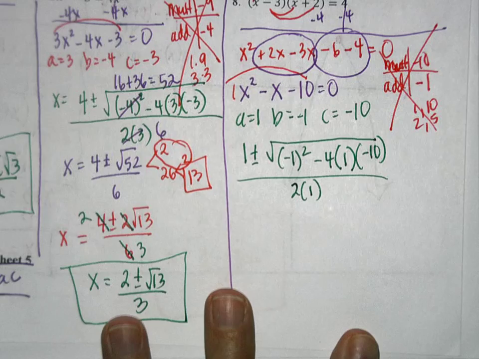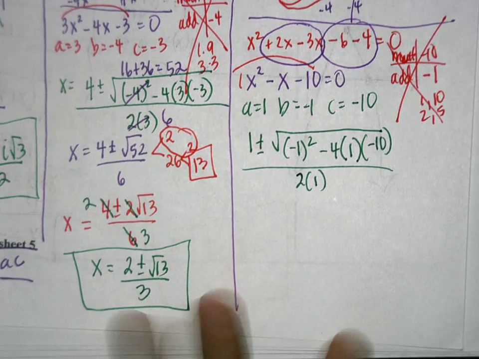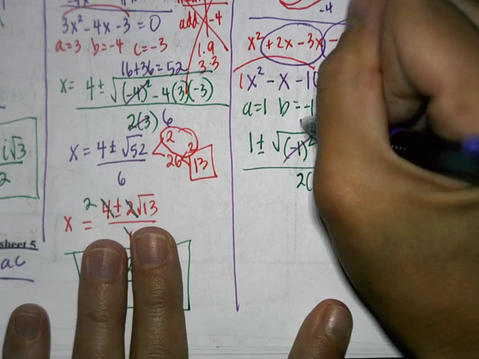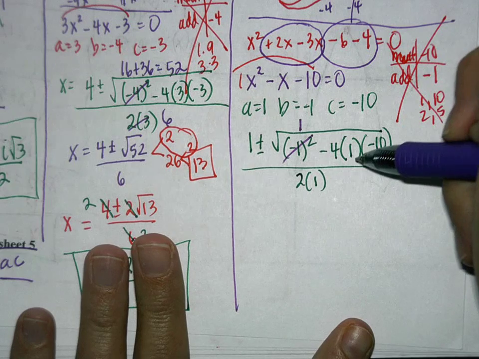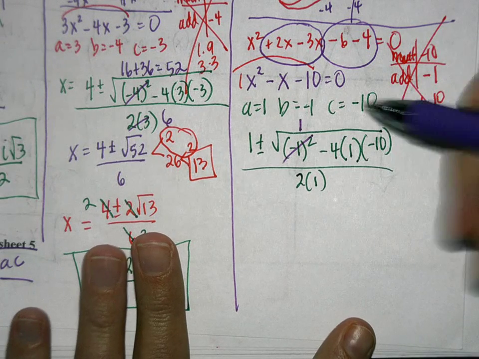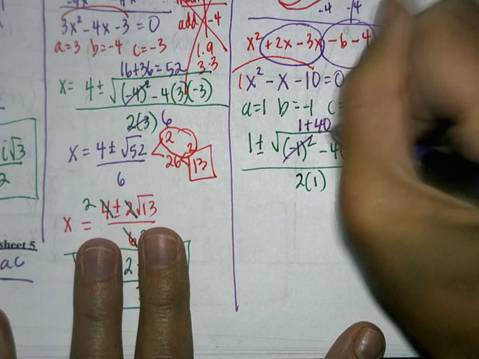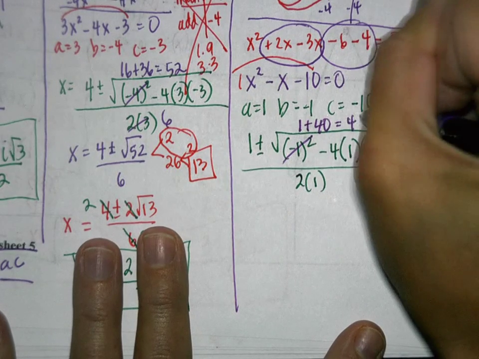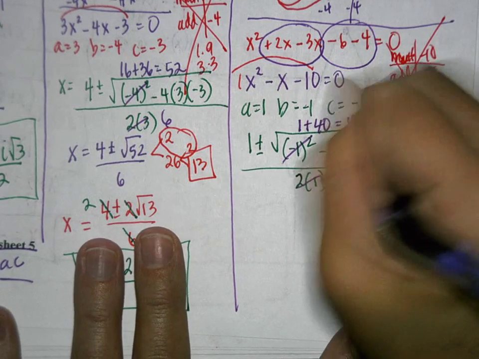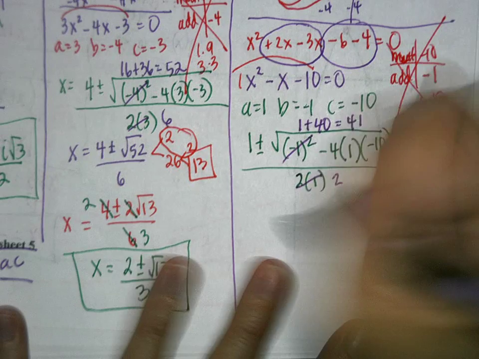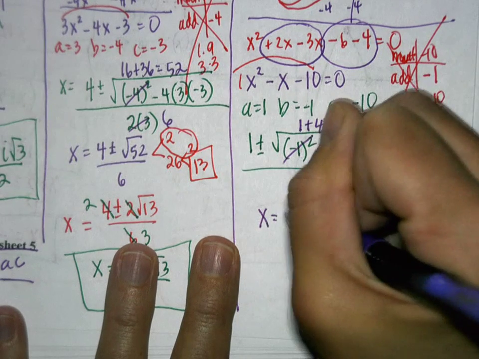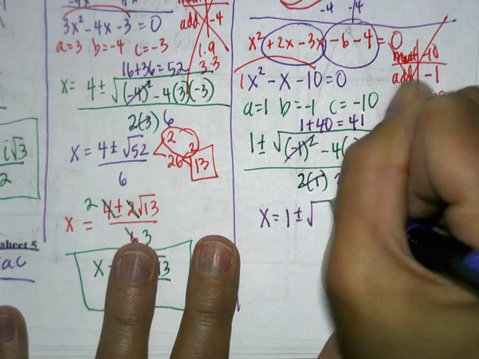What is negative 1 squared? 1. Negative 4 times 1 is negative 4, and negative 4 times negative 10 makes a positive 40, and 1 plus 40 is 41. Good. 2 times 1 is 2. So we get x equals 1 plus or minus the square root of 41 all over 2.